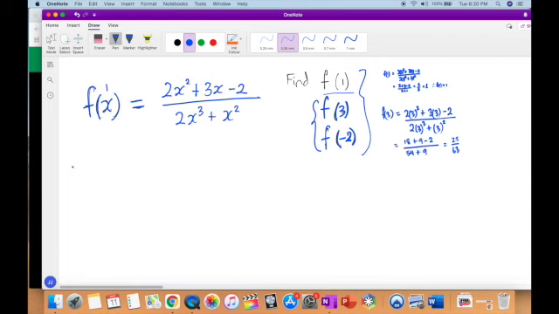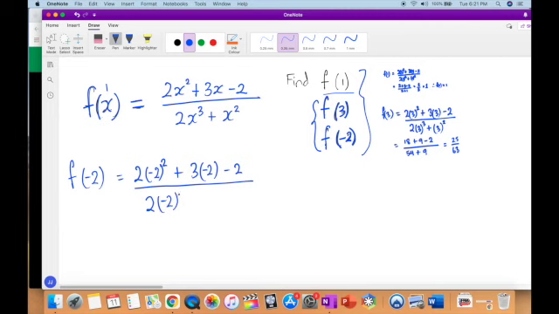Now this is where the kicker is coming in, because we have a negative 2 for x here, and you'll see why that bracket really becomes helpful. So I have 2x squared plus 3x minus 2 divided by 2x cubed plus x squared, right?